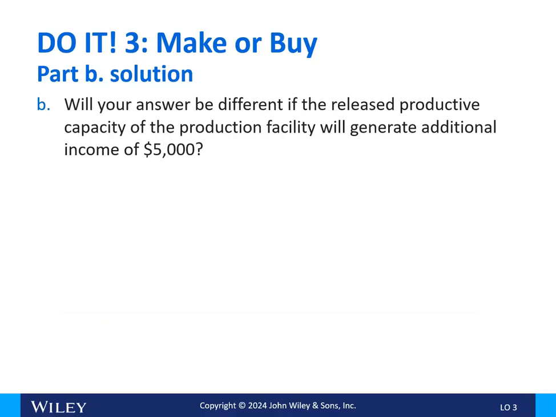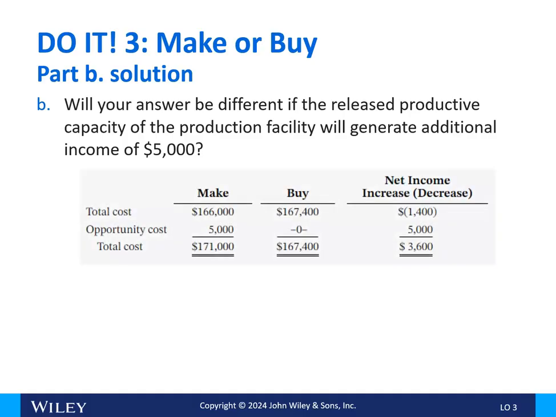Now, will your answer be different if the released productive capacity of the production facility will generate additional income of $5,000? So again, we take that last total line that we had from the previous slide. So 166 make, 167.4 to buy.